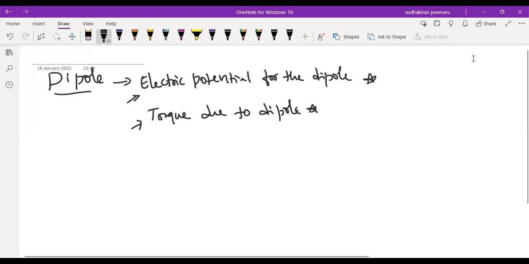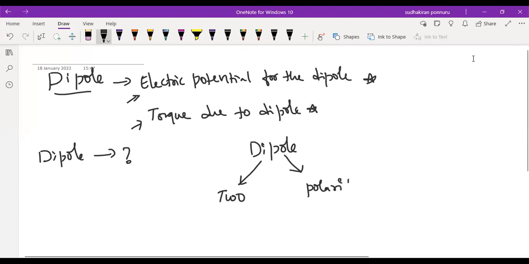As of now, we are going to see about the first, the dipole. What do you mean by a dipole, and what is the basic definition of a dipole? Di means two, and pole means polarity. So if we have two polarities, positive as well as negative.